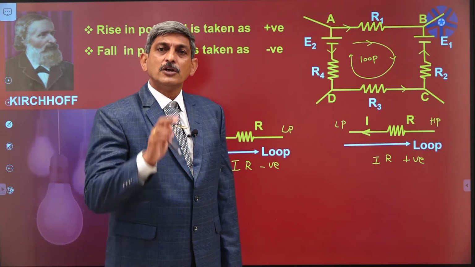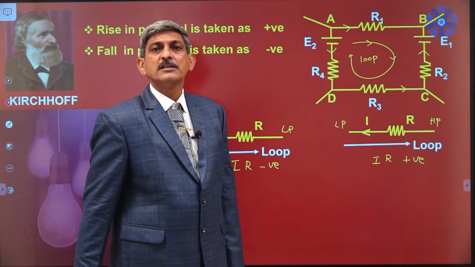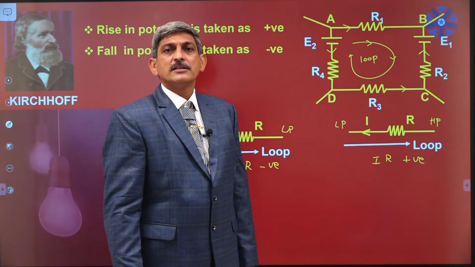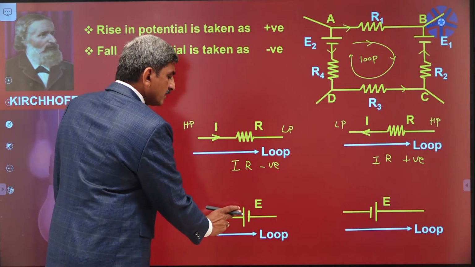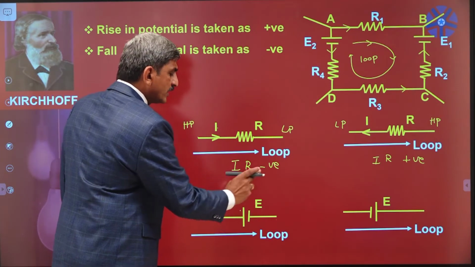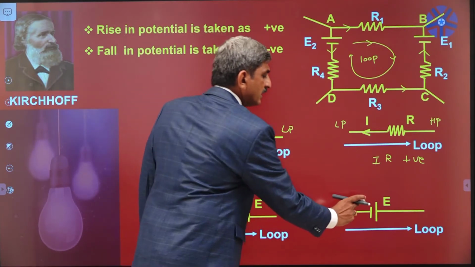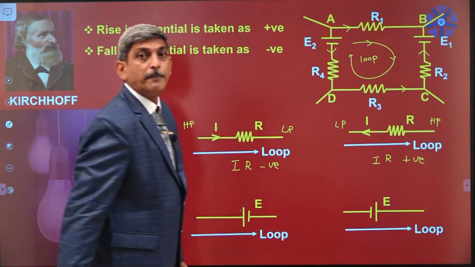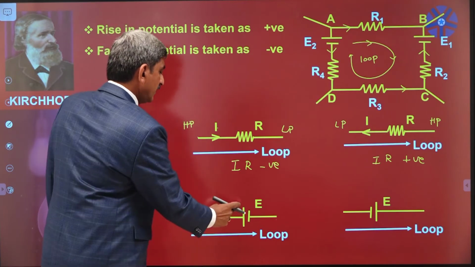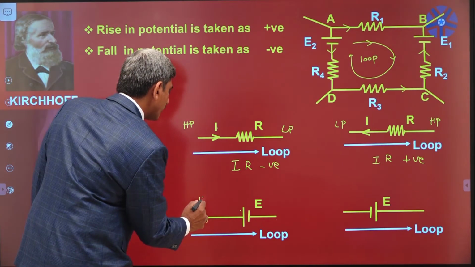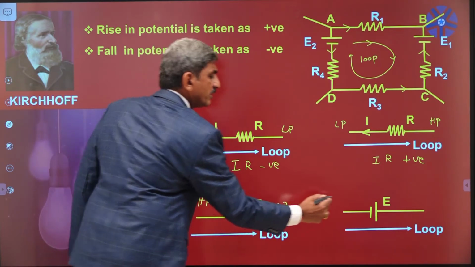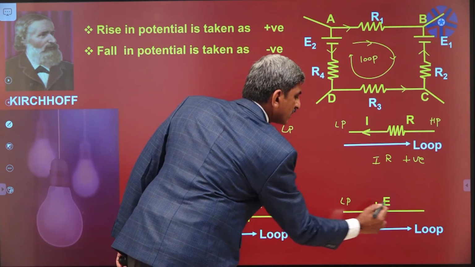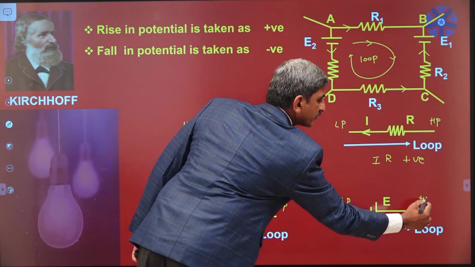That's why two situations may arise in the case of batteries. Positive terminal means this is at a higher potential, negative terminal means this is at a lower potential. Similarly, this is at a lower potential, this is at a higher potential.